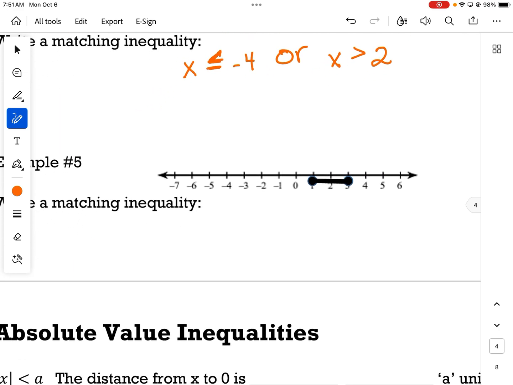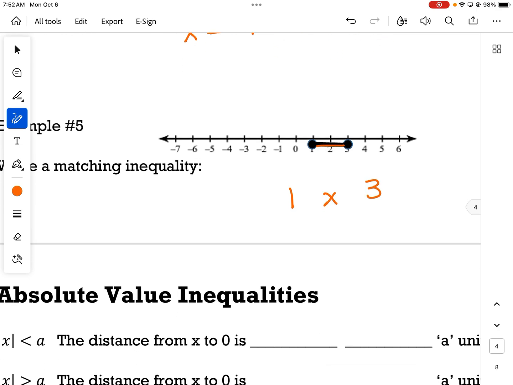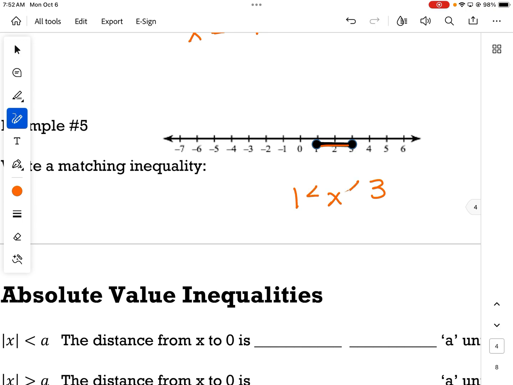And then when they are shaded between, we do the numbers with x between them, and use the less than symbol. And because it's closed, I have to do the or equal to.